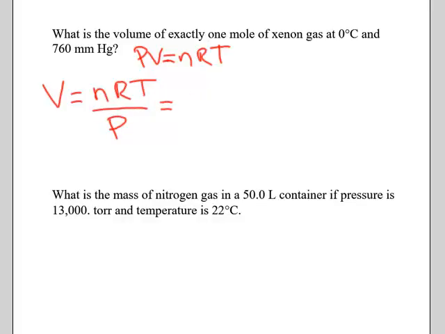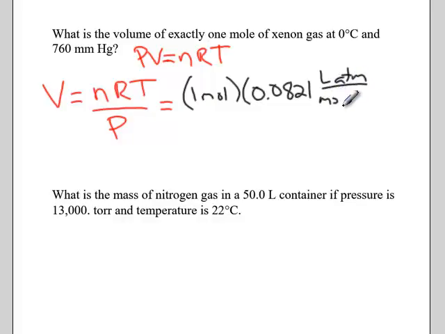and now plug in your n. The number of moles is 1. Gas constant R. Temperature T. Remember, you have to cancel out your units, and notice in the gas constant we have Kelvin instead of degrees Celsius.